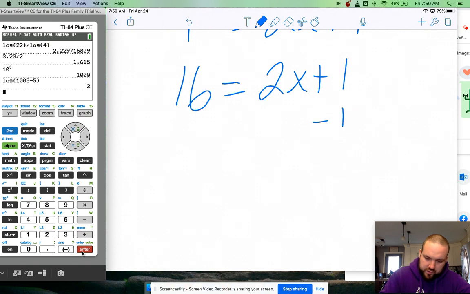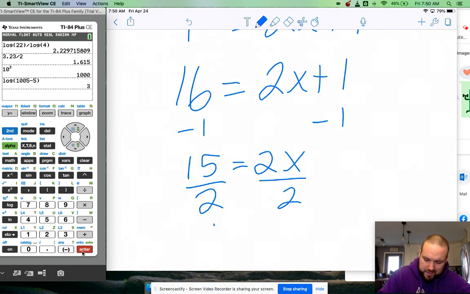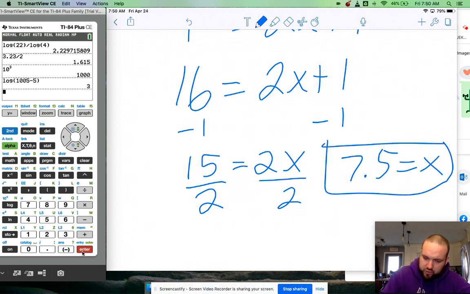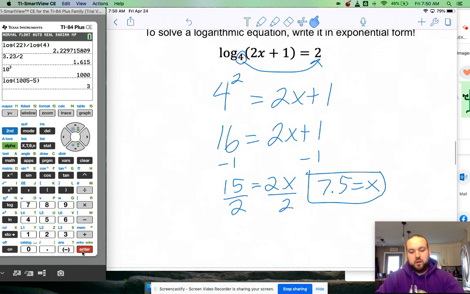Now we just let algebra take over. 15 equals 2x. Cut both sides in half, and I get 7.5. So that is my solution for that equation. Okay, so if you have a log and x is in the argument, you will always just rewrite it as an exponent, and that will allow you to plug some things in the calculator and solve.